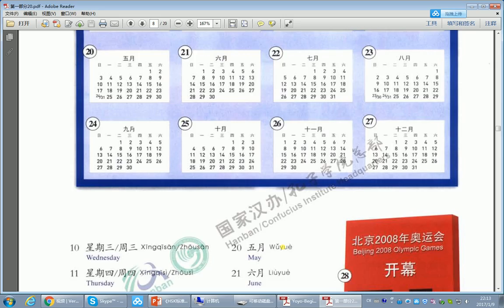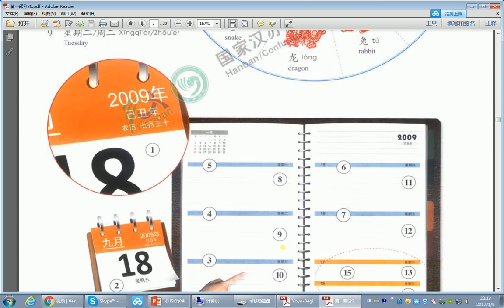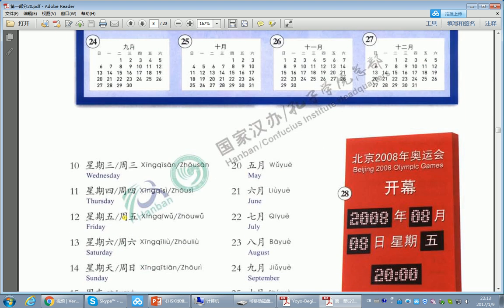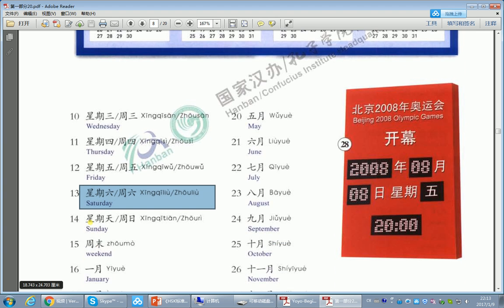Now remember how to say the weekday. Monday 星期一 or 周一, Tuesday 星期二 or 周二, Wednesday 星期三 or 周三, Thursday 星期四 or 周四, Friday 星期五 or 周五, Saturday 星期六 or 周六, Sunday 星期天 or 周日.